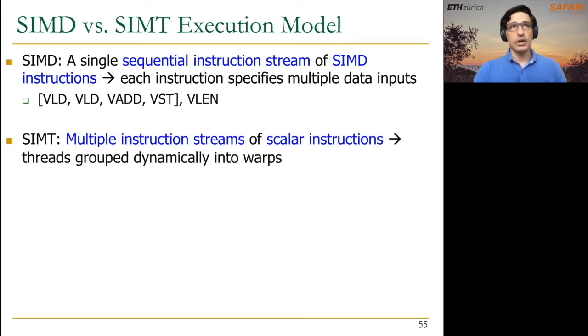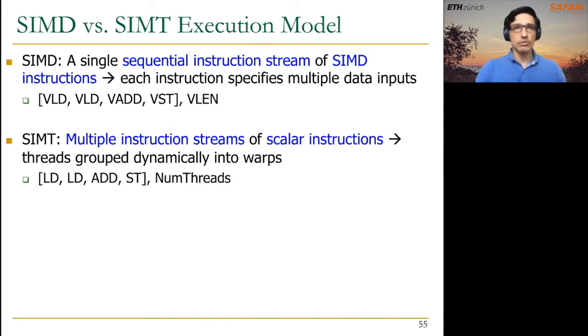Then in the SIMT execution model, we have multiple instruction streams of scalar instructions. These multiple instruction streams are the different threads. The hardware dynamically groups these threads into warps and executes the warps on the hardware.